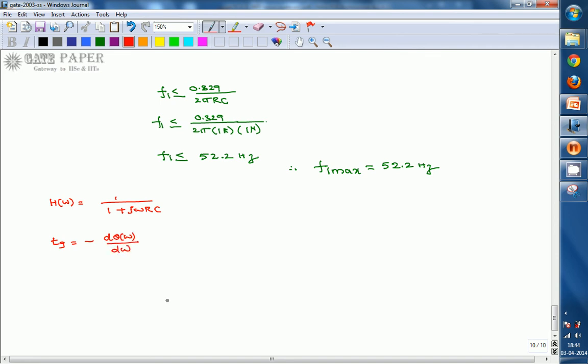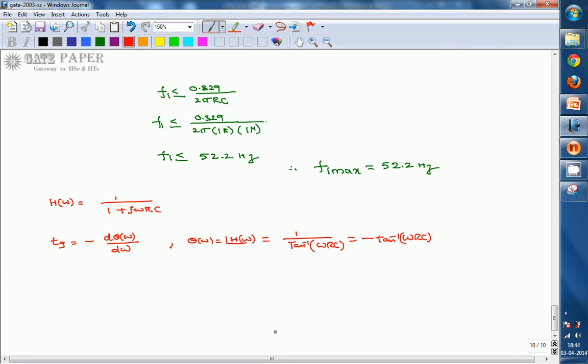Here theta of omega is nothing but the phase of H of omega. From the transfer function, this is 1 divided by tan inverse of omega RC by 1, so taking it to the numerator, this becomes minus tan inverse omega RC. So that's the theta of omega.